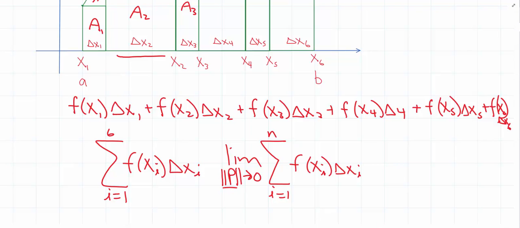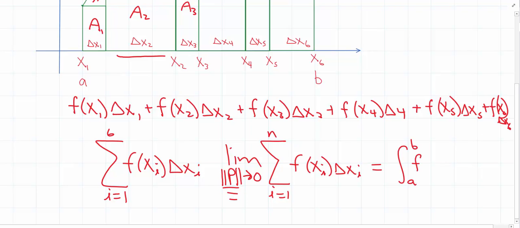Now this right here stands for the norm of the partition, and it denotes the largest delta x. If you take the largest delta x and let it go to 0, then all of them go to 0, right? And we define that to be the definite integral. Okay, so that's how we define the definite integral. Everybody remember that?